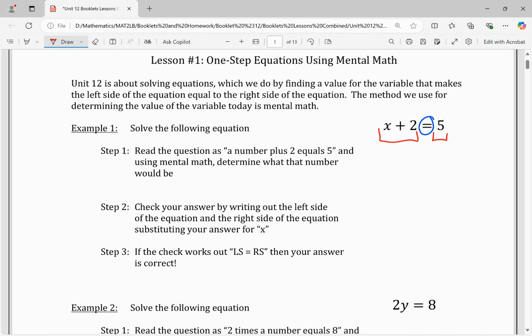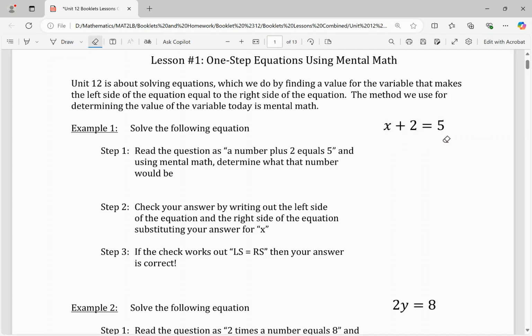So it's kind of like a little puzzle, right? You need to find what number you can put inside of the variable x in order to make x plus 2 the same number as 5. Now, in these cases, there's only one right answer. There's only one number that x could be, so let's see if we can figure it out.